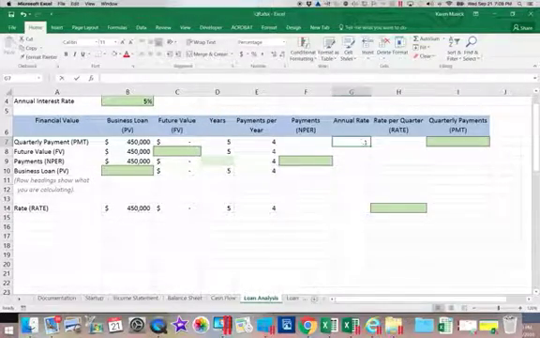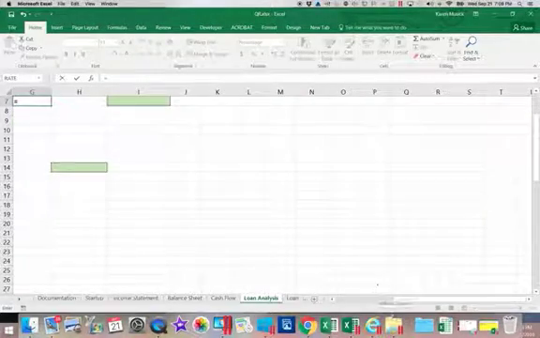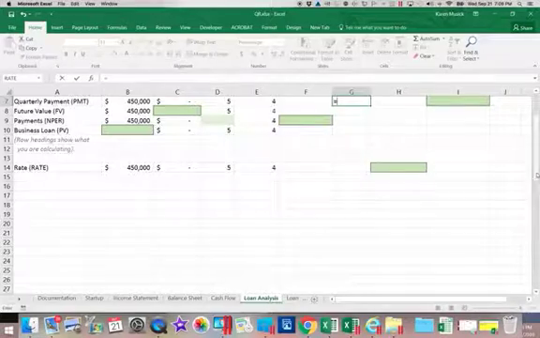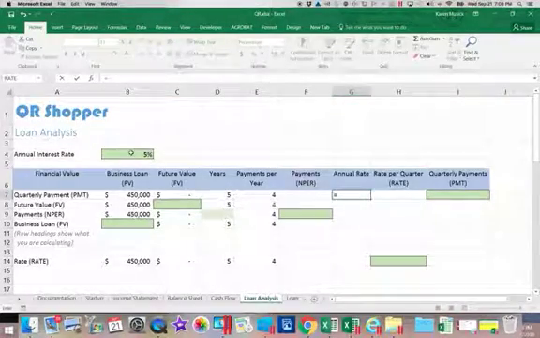The annual interest rate is given to us.